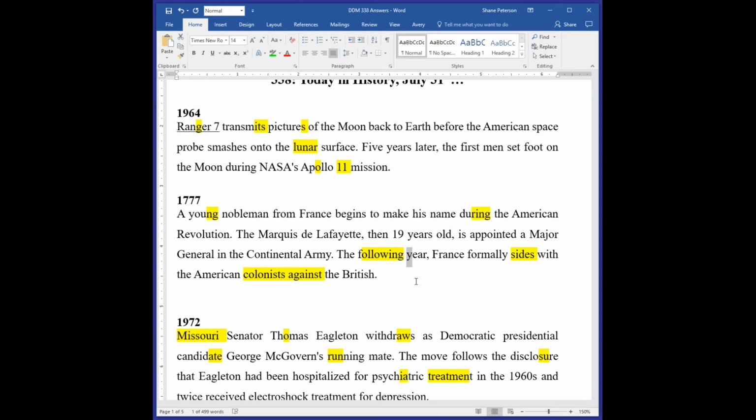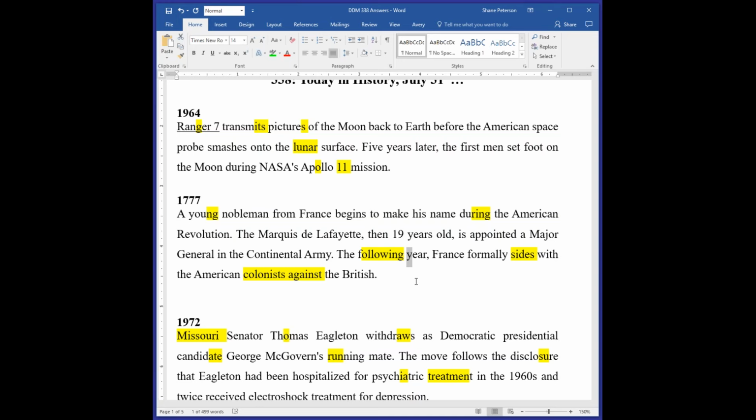Good, very good. France formally sides with American colonists. Great job. A little more S. This is really difficult. STS is very tough. Colonists.